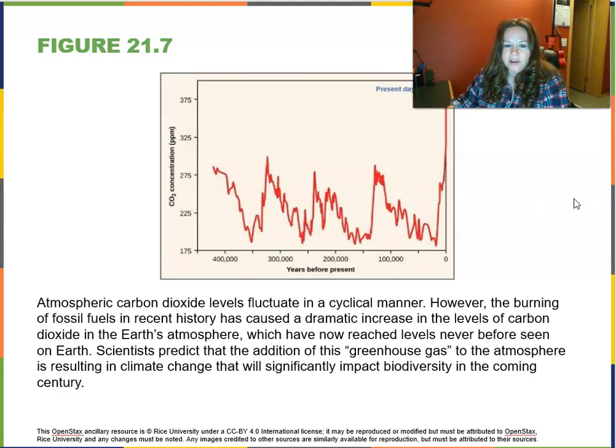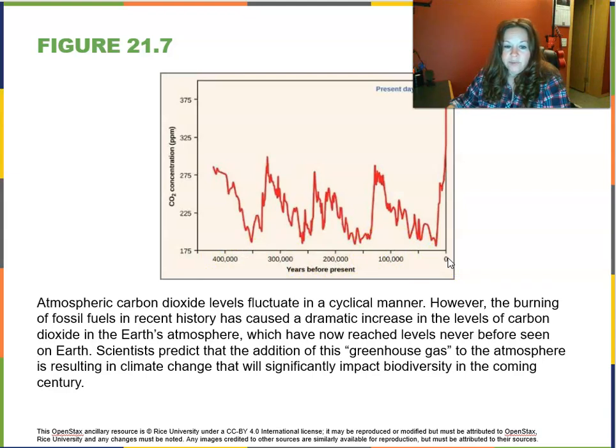Looking at atmospheric carbon dioxide levels that fluctuate in a cyclical manner, this graph shows carbon dioxide concentration in parts per million on this axis and years before present on the x-axis.